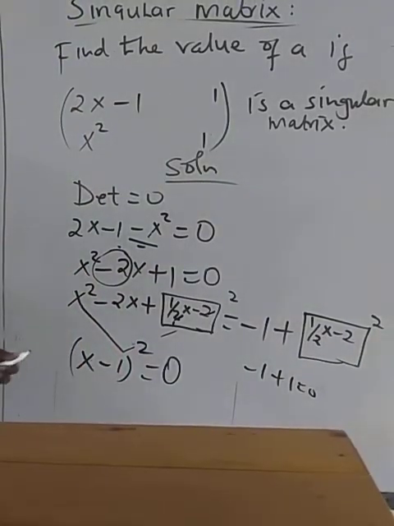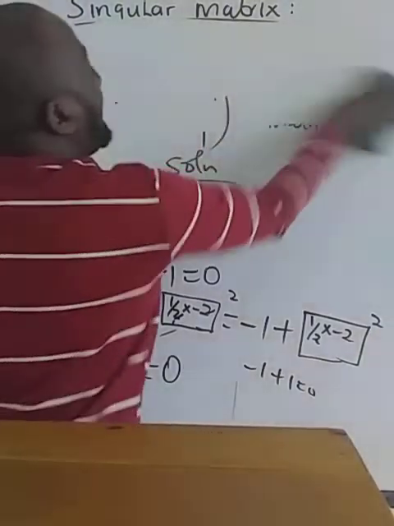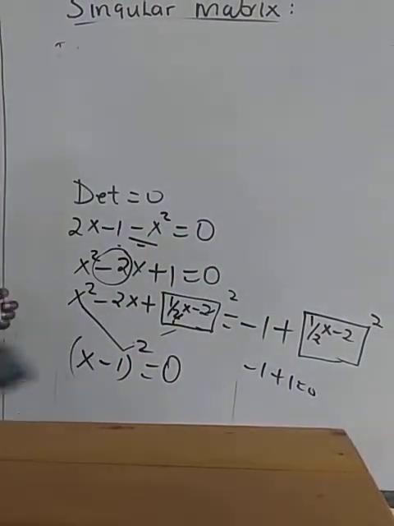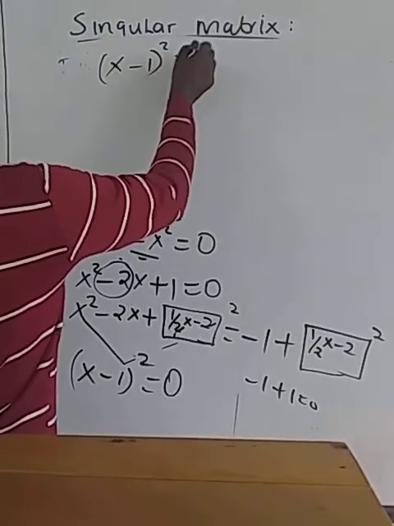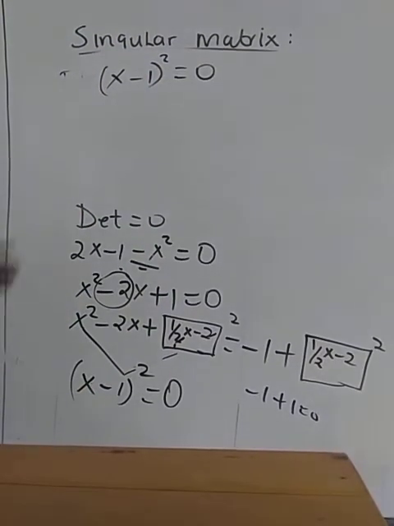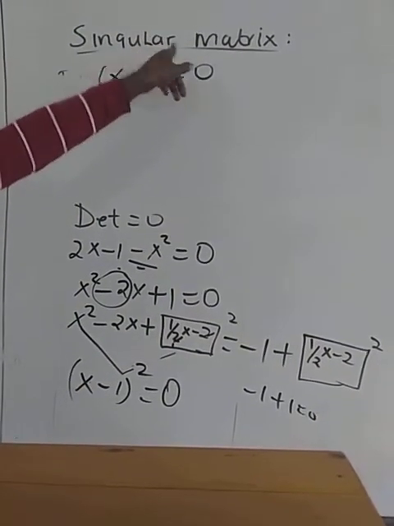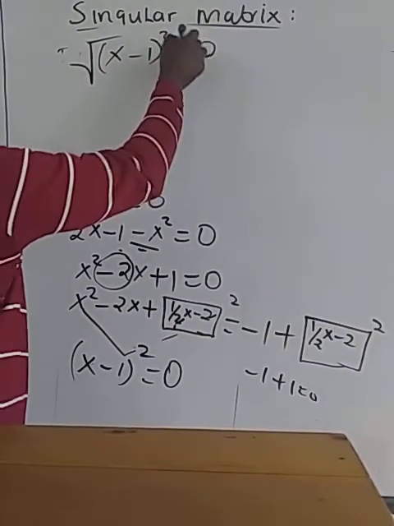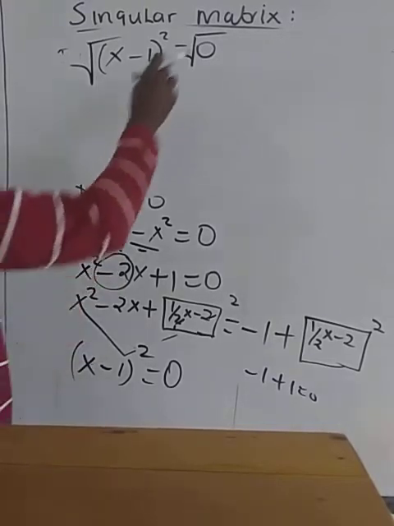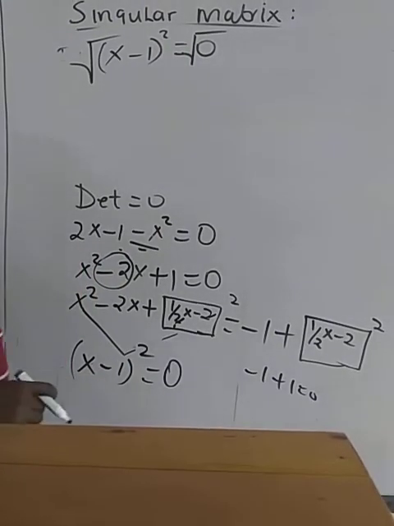Now we have x minus 1 squared equals 0. Now find the square root of both sides. The square root of 0 is 0.